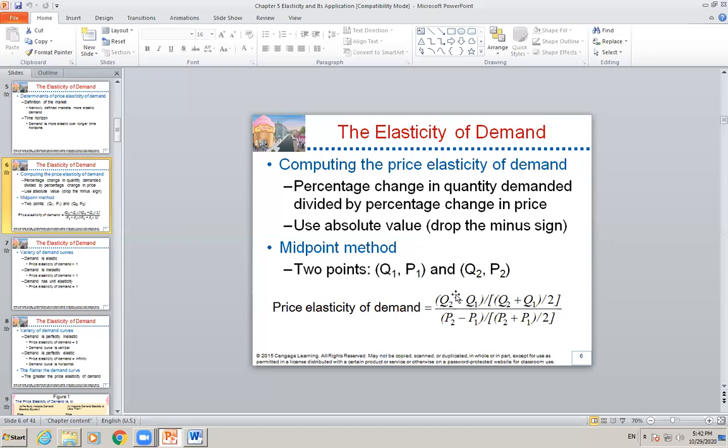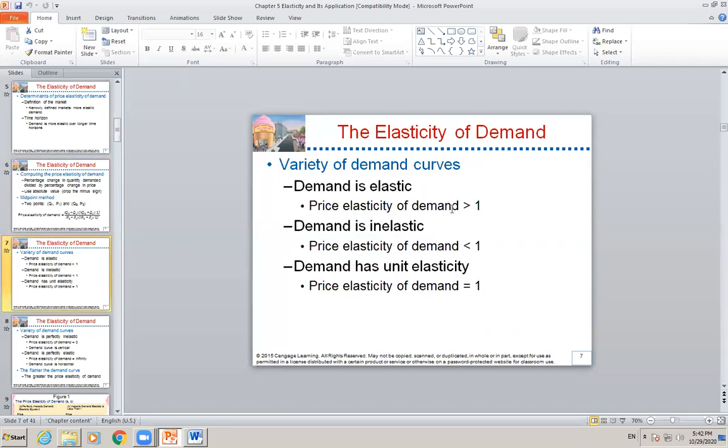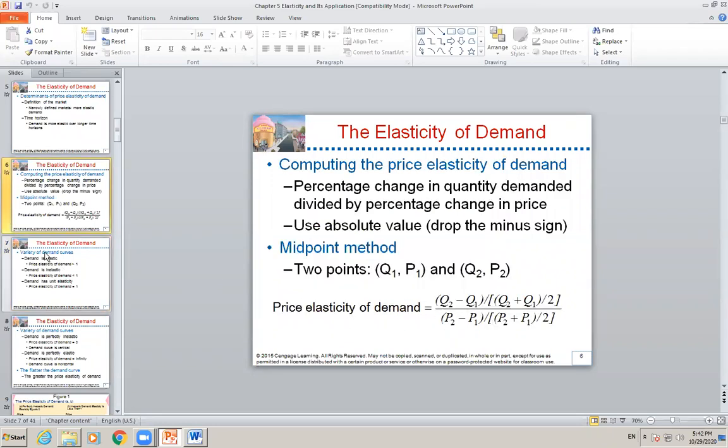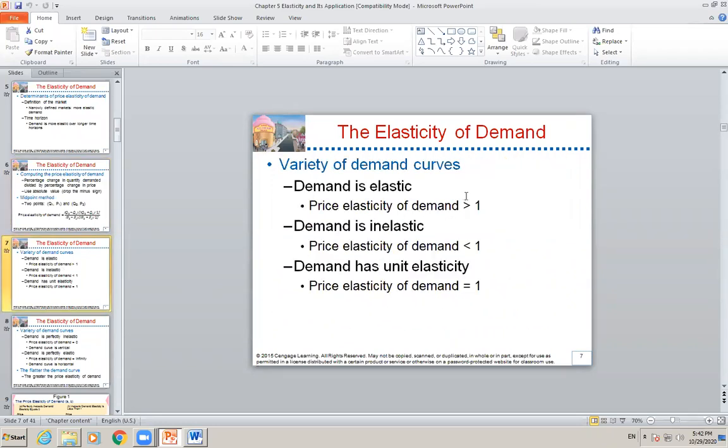The percentage change in the quantity demanded over the percentage change in the price will give you the price elasticity of demand. Demand is elastic if it's more than 1. Demand is inelastic if it's less than 1. Demand has unit elasticity if it's equal to 1.